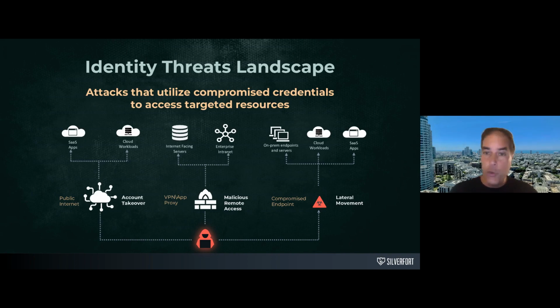Identity is usually stolen in the form of a credential, and it's very effective once that credential is stolen, right? It can be used in many different parts of the attack progression, from the initial access to the lateral movement.